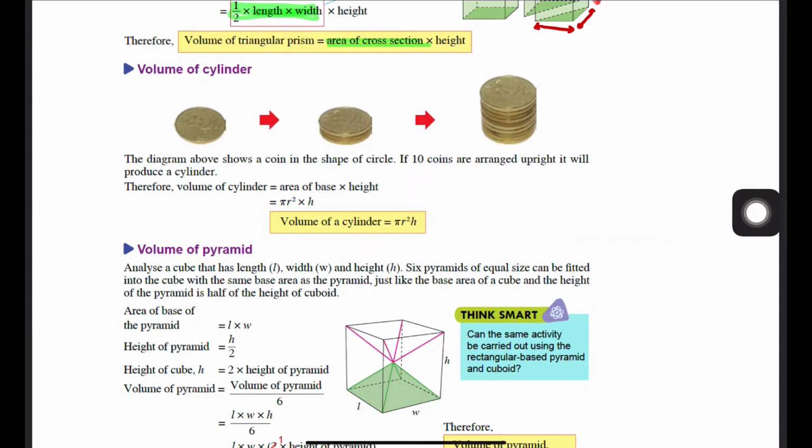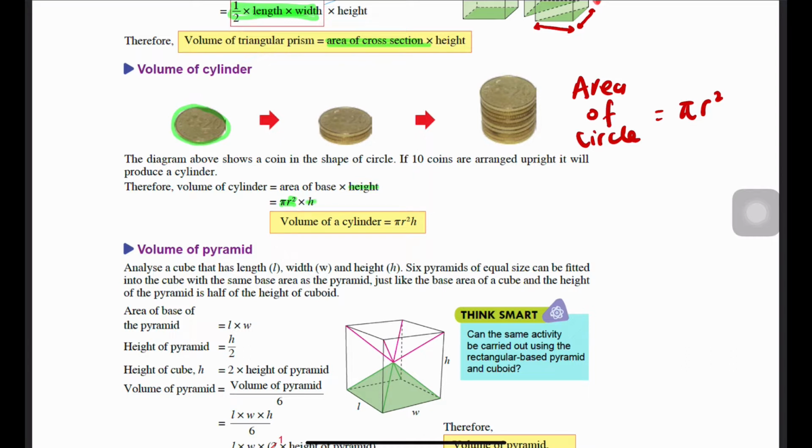Now let's look at the base of the cylinder. It is in the shape of a circle. From previous topics, we know that the area of a circle is equal to pi r square. That's why this part is pi r square, and then we multiply it by the height.